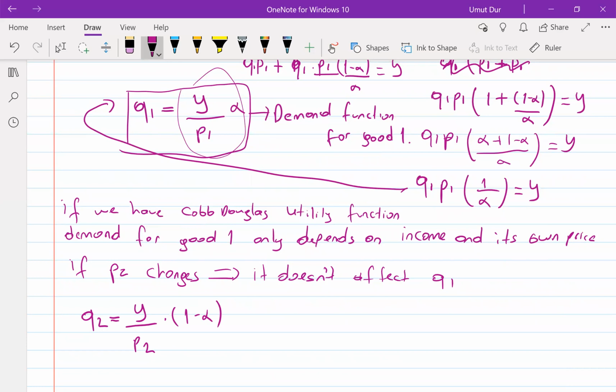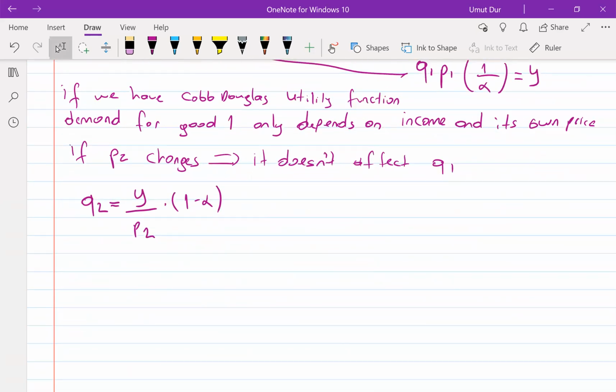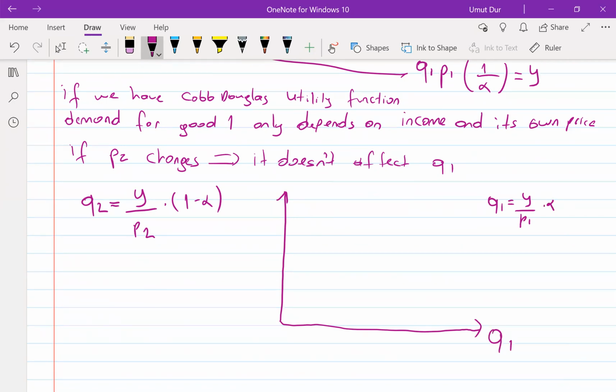Okay, so if you would like to draw this demand curve, we would like to draw the demand curve for Y over P1 times alpha. Here Q1, here P1. Remember, the demand curve is the relation between the price of good 1 and the quantity demanded for good 1.